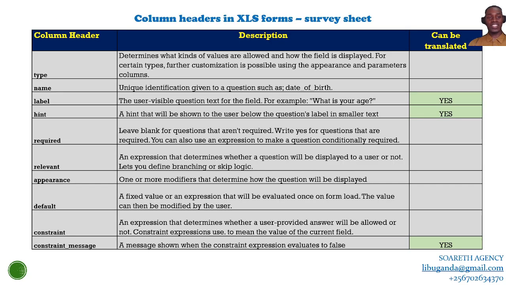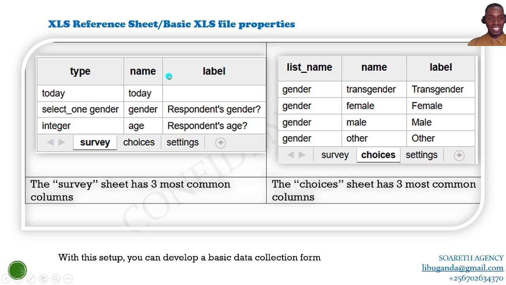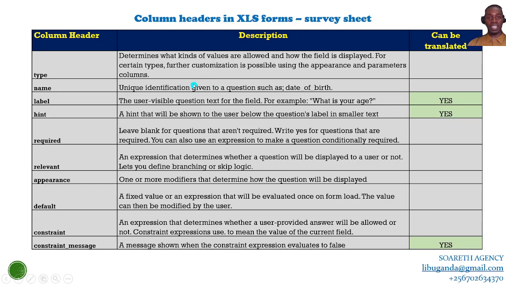So these are three header names, but there can be as many as these on the survey sheet. Okay. So we have type, and type basically defines the kind of values that are allowed in that field.